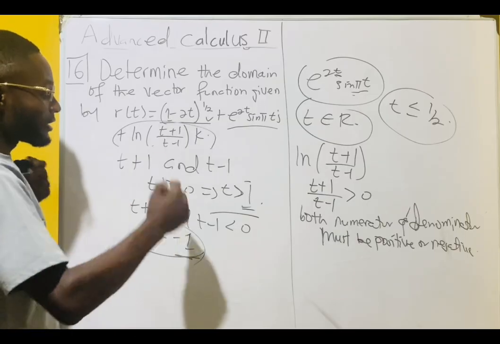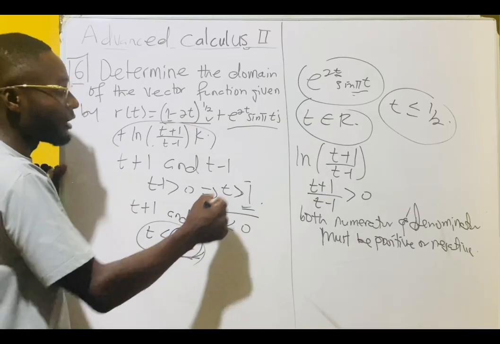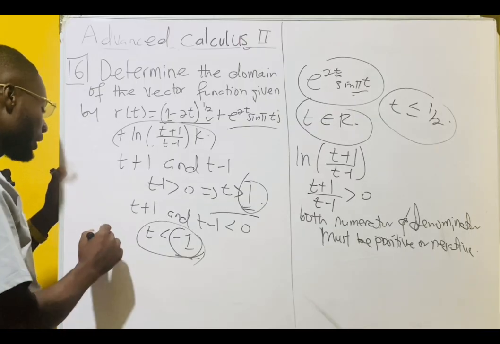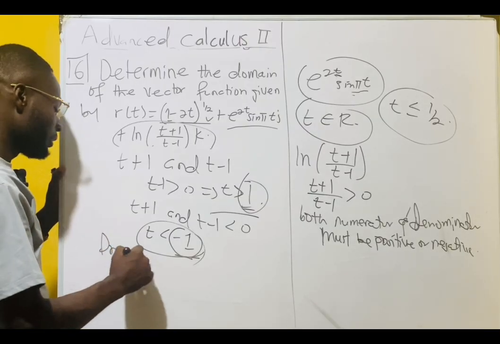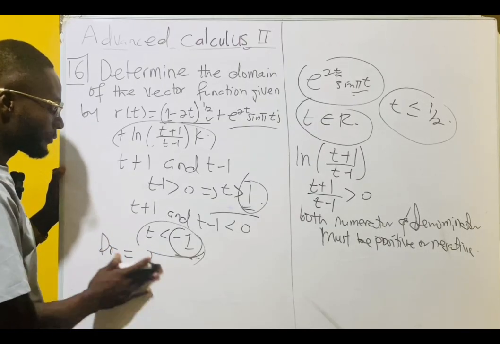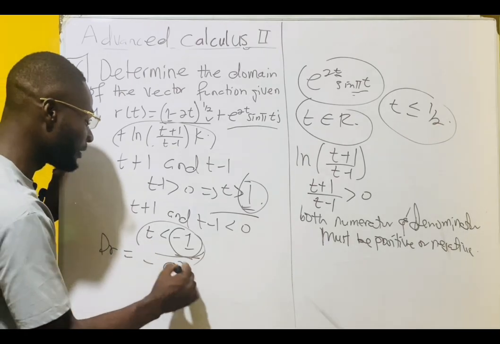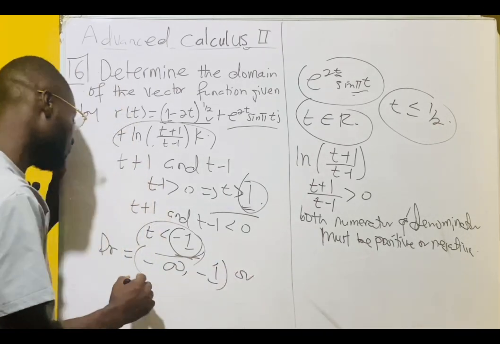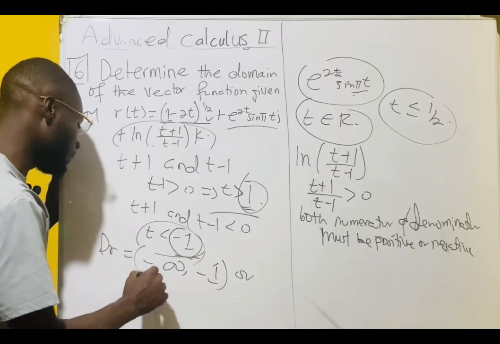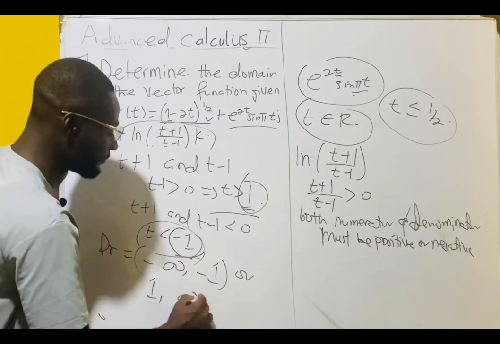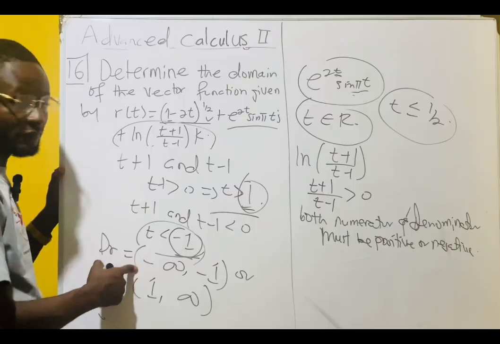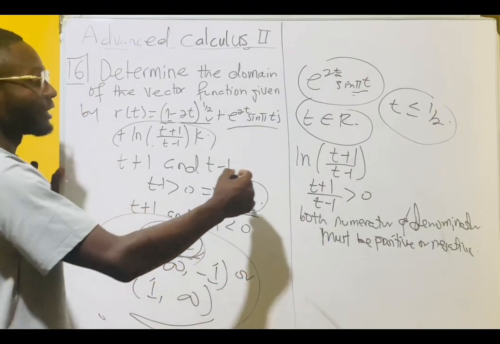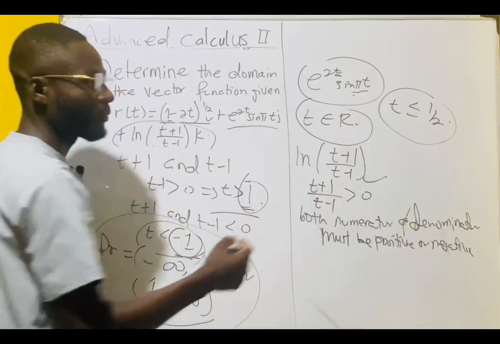So since we have negative 1 and positive 1, our domain has to be negative infinity to negative 1, or positive 1 to infinity. It should be exclusive, right?